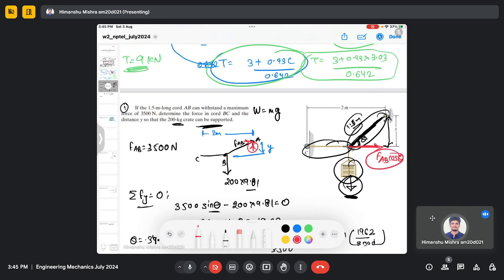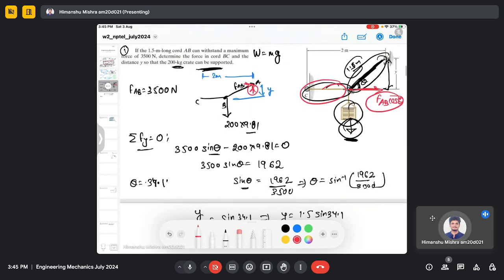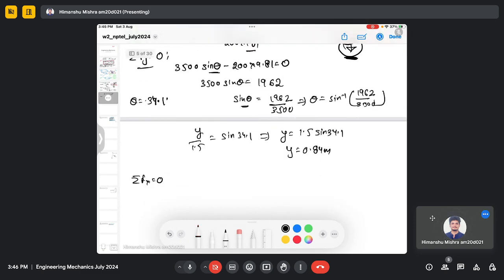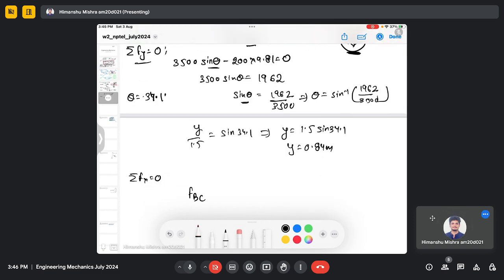These are the only two forces in the x direction. So force BC minus FAB cos 34.1 equals 0.